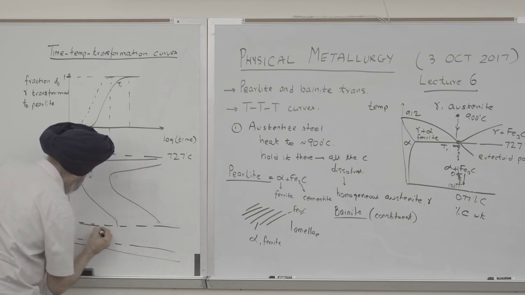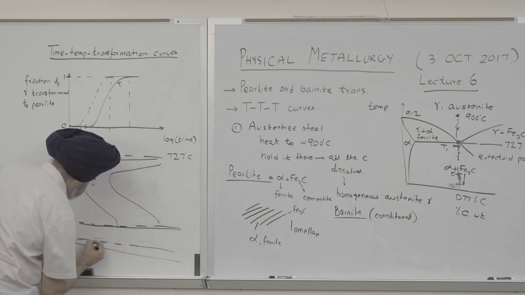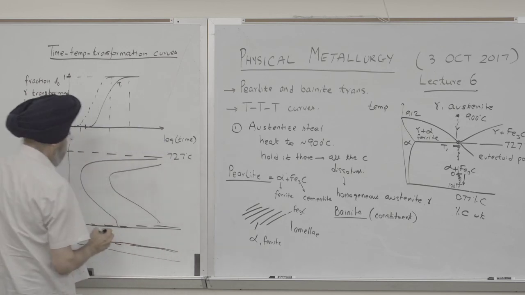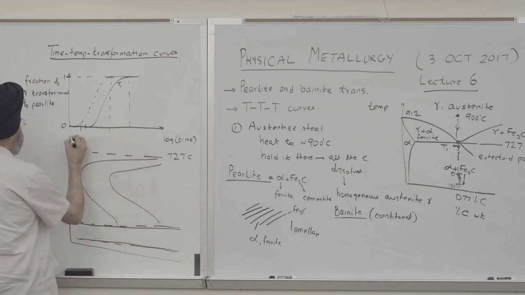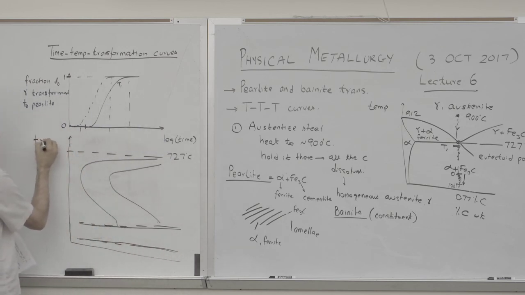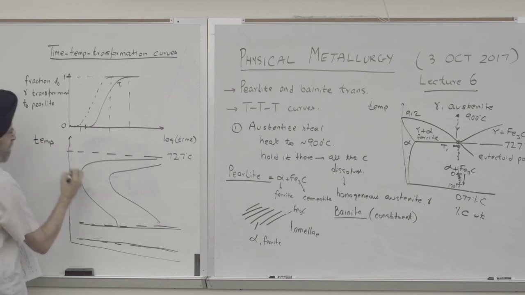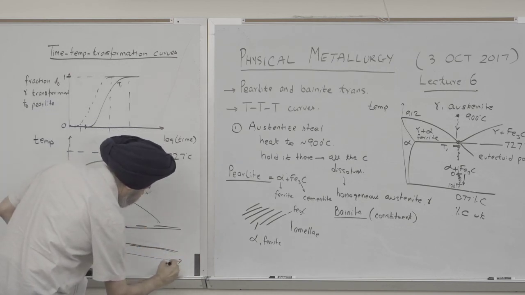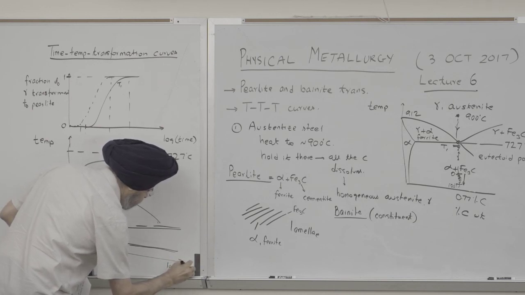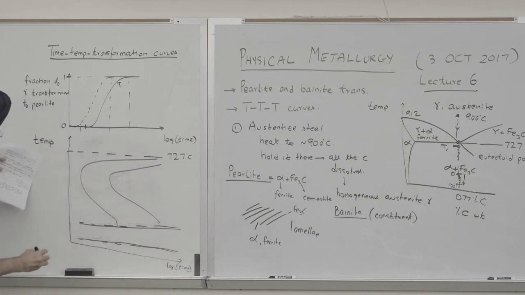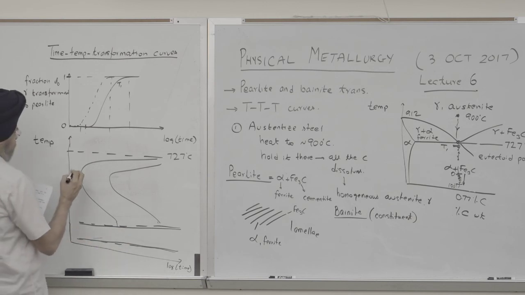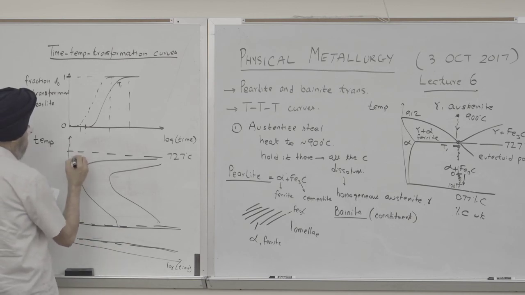Actually, I can draw a solid line here and a solid line there. So the vertical axis is temperature. The horizontal axis is log of time. So temperature versus log of time. And this is austenite.